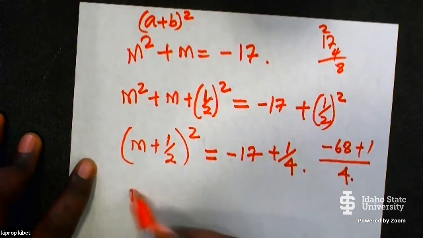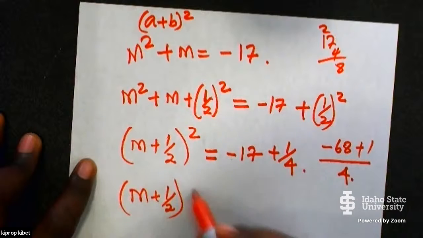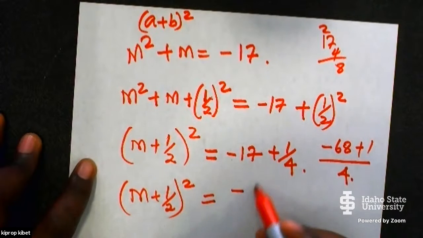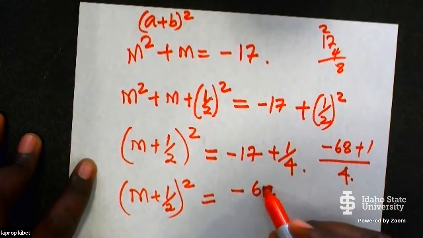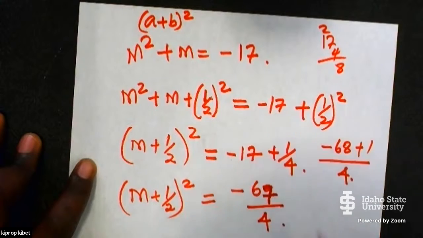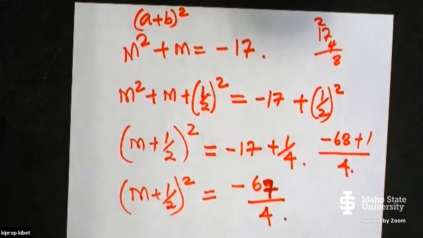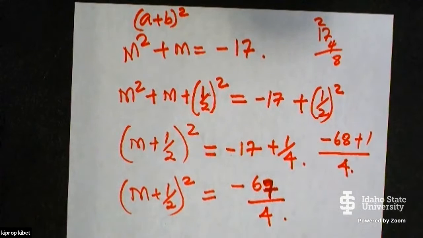So you get (m plus 1 over 2) squared equals minus 67 all over 4.